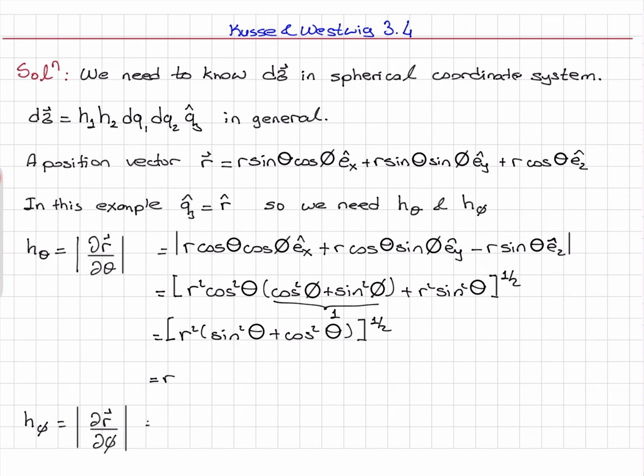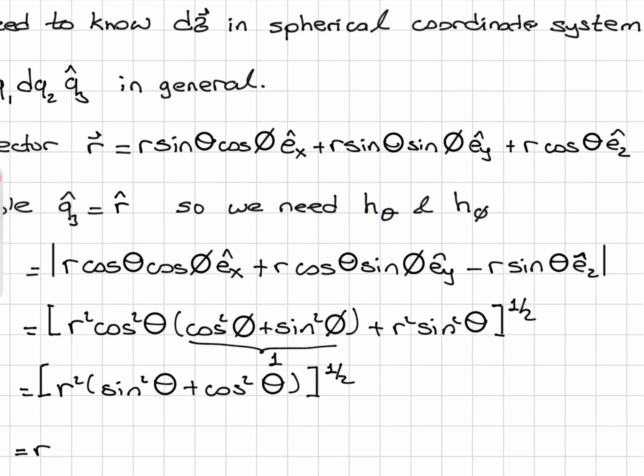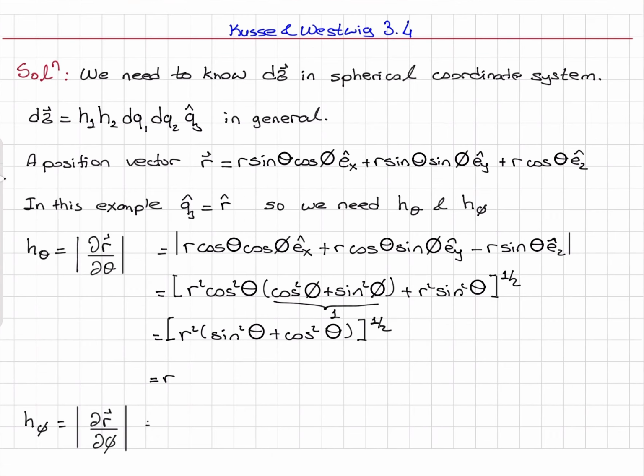Now we can do the same thing for the azimuthal axis, phi. The derivative with respect to phi gives us minus sine phi here, plus cosine phi here, and nothing from the z hat part.